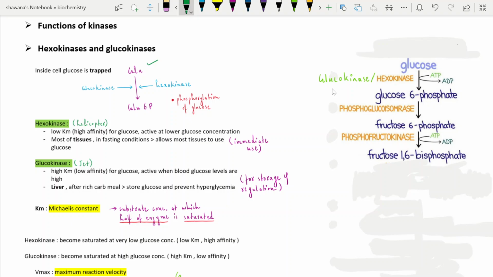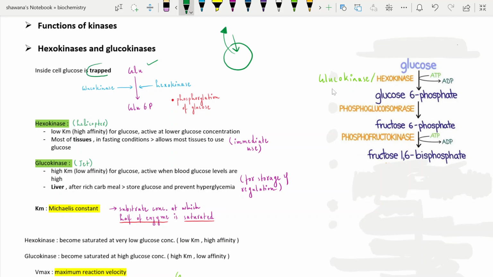It means that when glucose enters the cell, its concentration inside increases, and it may go back towards the extracellular space, because these GLUT transporters work by noticing the concentration gradient.